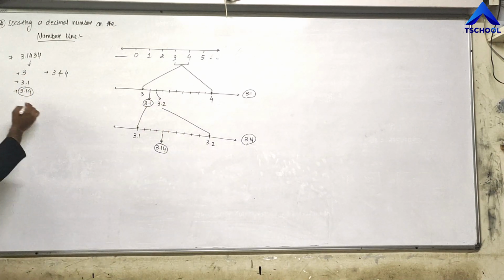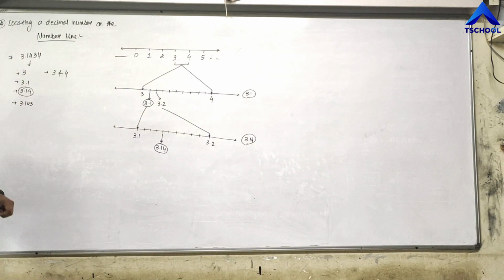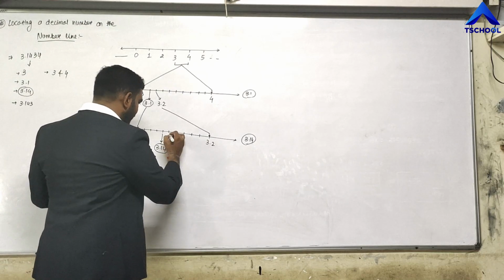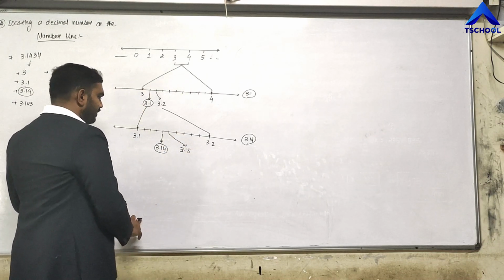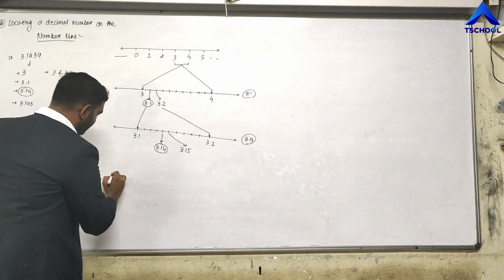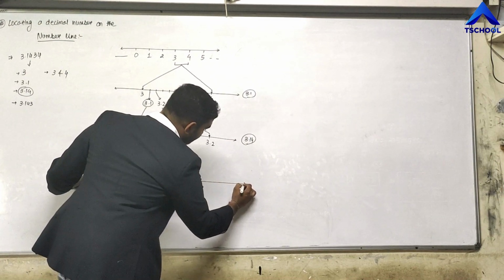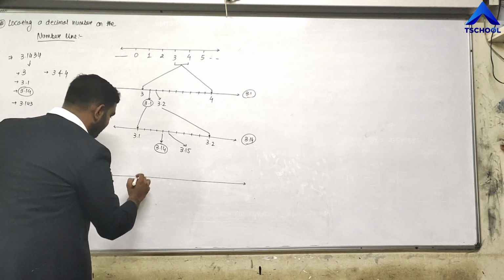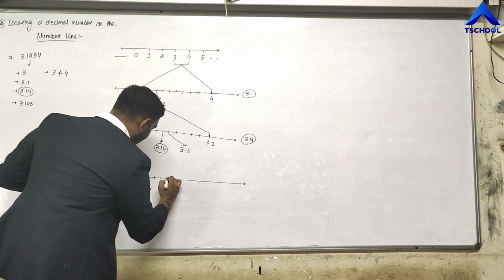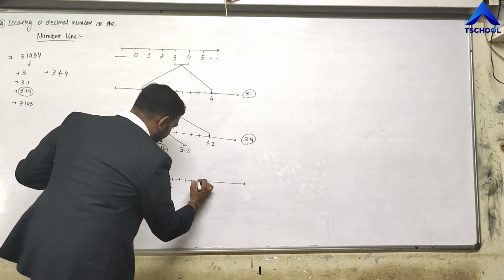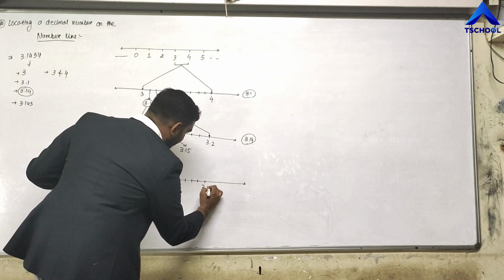Now the next point that you are going to locate here is 3.143. That will again lie in between 3.14 and 3.15. Right. Now again I am going to draw a line here that shows me the magnification of this 3.14. 1, 2, 3, 4, 5, 6, 7, 8, 9 and that is 3.15.